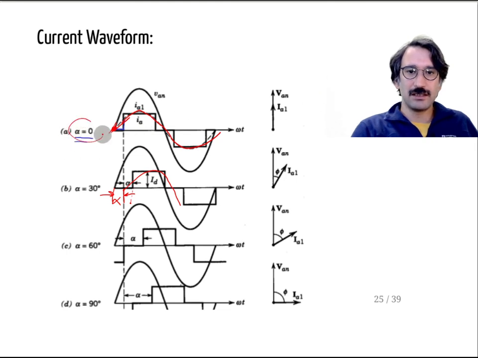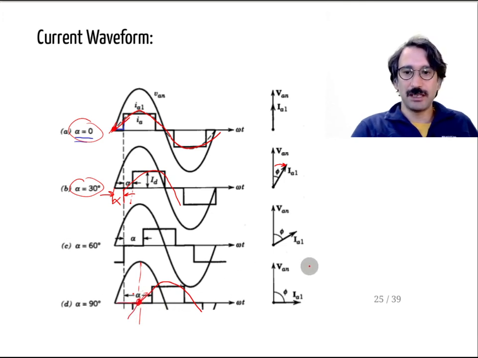As I increase the firing angle, there becomes a phase difference between the fundamental components of voltage and current. So for 60 degrees you have that amount, and for 90 degrees, you can draw the fundamental component, and there is a 90 degrees difference.